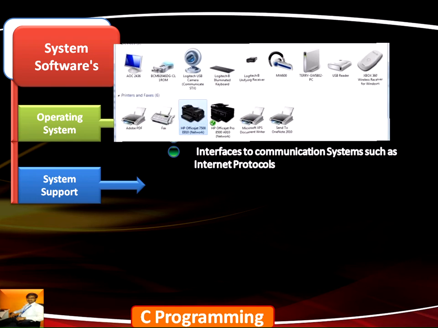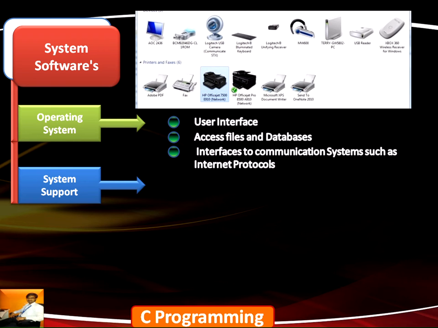The next is the system support softwares. In general, we use n number of external peripheral devices such as the webcams, the pen drives, Bluetooth devices, modems, routers, printers and scanners, and all such devices need to be detected by the computer system once they are connected.